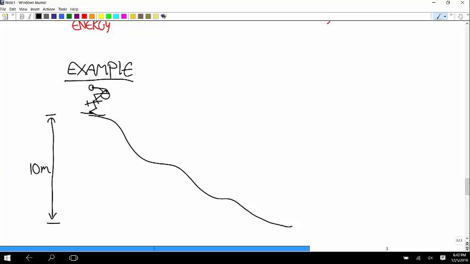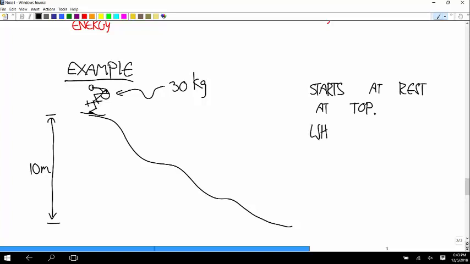And let's say the mass of this person is 30 kilograms. So let's say that the skier starts at rest at the top of the hill. What's the speed at the bottom of the hill?